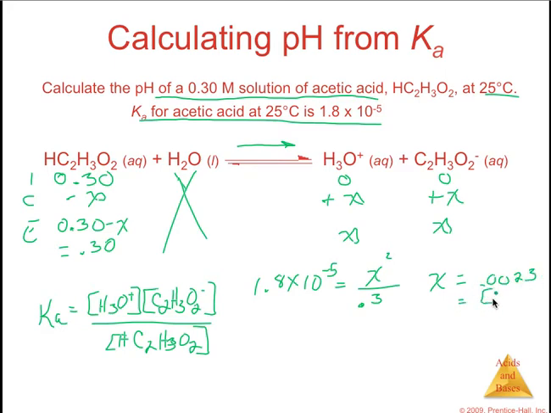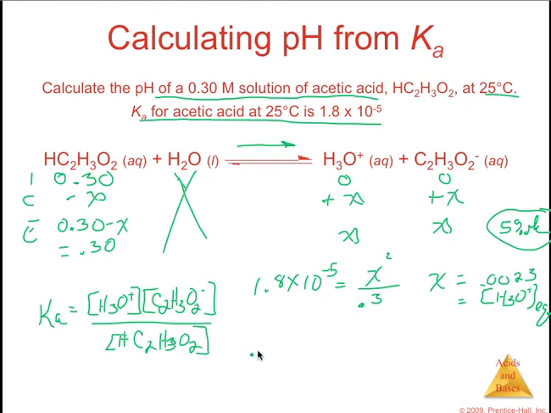That is equal to the hydronium concentration at equilibrium. Does my 5% check out? Yep, 5% is okay because 0.0023 divided by 0.3 gives me roughly 0.8%. So I'm good on that assumption.